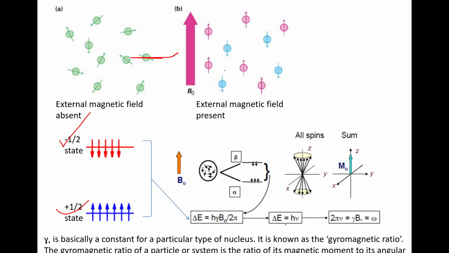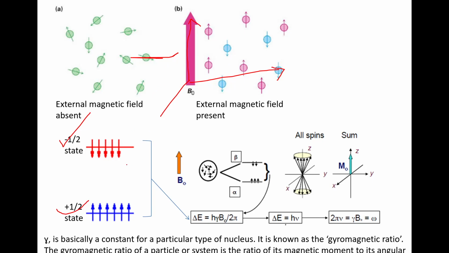Now, if you see, this is a dipole, so you will have a magnetic moment associated with this dipole because of this external magnetic field. And this external magnetic field is given in the z direction. There is also x and y direction, and these dipoles are aligned with respect to the z direction, either parallel to the positive z axis or parallel to the negative z axis.